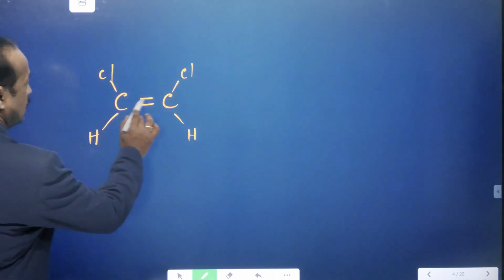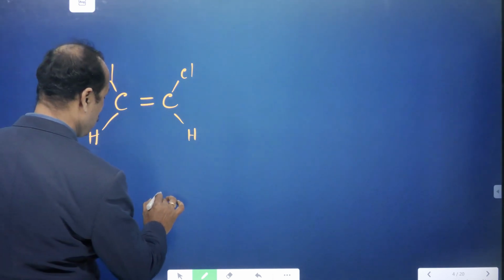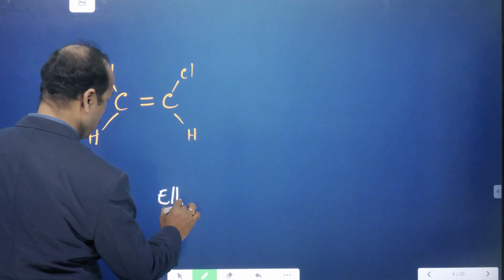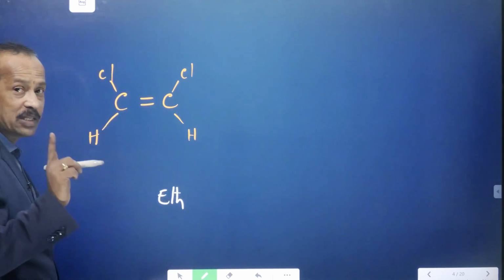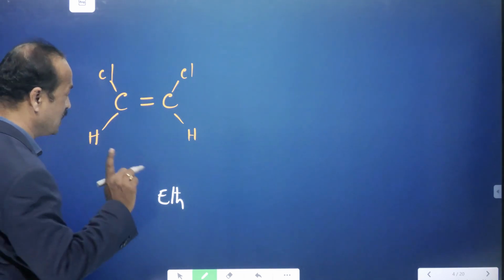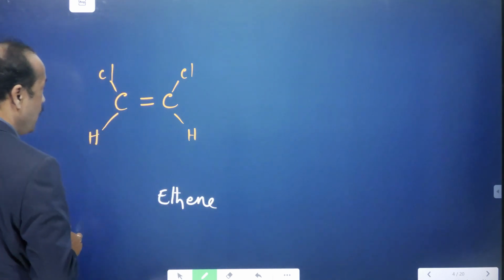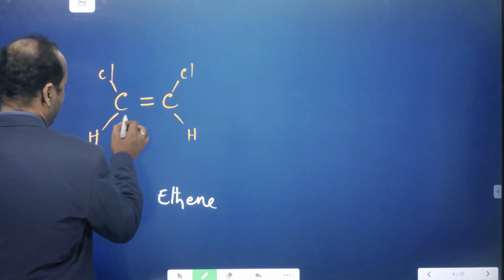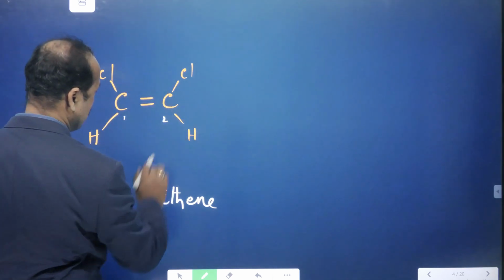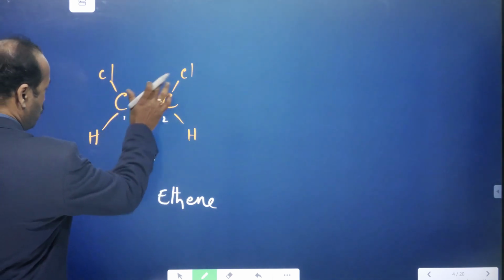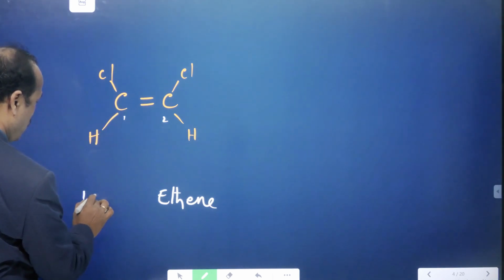How many carbons are there? Two carbons, right? Two carbons is what? Eth, you know that. And between them which bond is there? Double bond, which means ene. For the first carbon one chlorine is there, for the second carbon also one chlorine is there, so positions 1, 2.